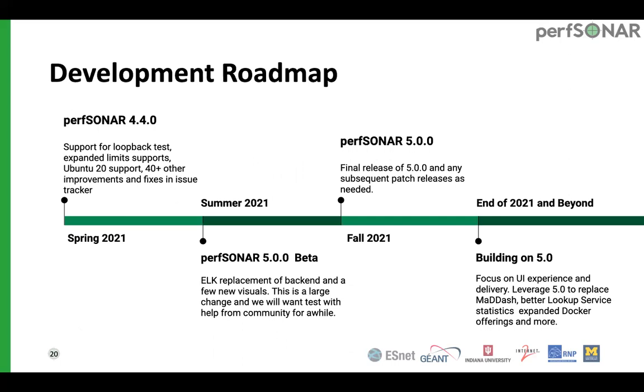If we put that in a timeline, this spring we'll have perfSONAR 4.4. Then during the summer, a beta release of perfSONAR 5, and hopefully in fall we'll be able to have the final release of perfSONAR 5. And then from then on, we'll be able to provide new visualization options and possibilities to integrate perfSONAR data and perfSONAR dashboards in different monitoring solutions that you probably already have in your networks, and to be able to work with perfSONAR data alongside other monitoring data, and compare different metrics with perfSONAR metrics and things like that.